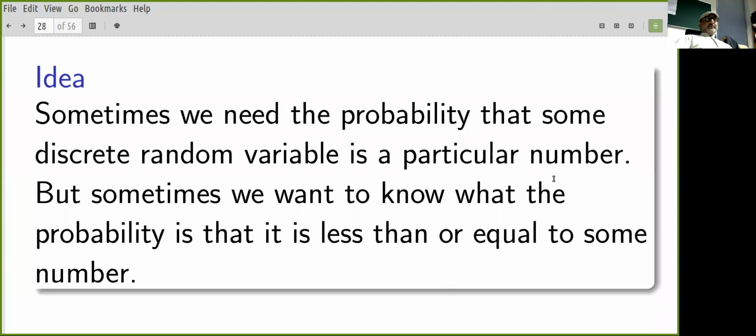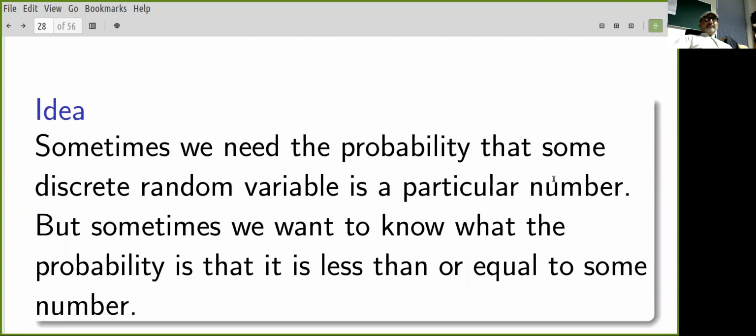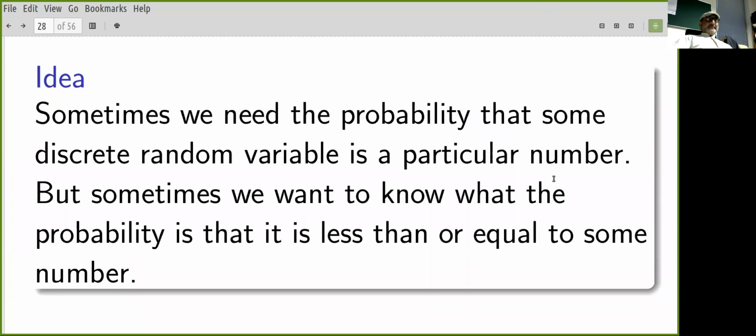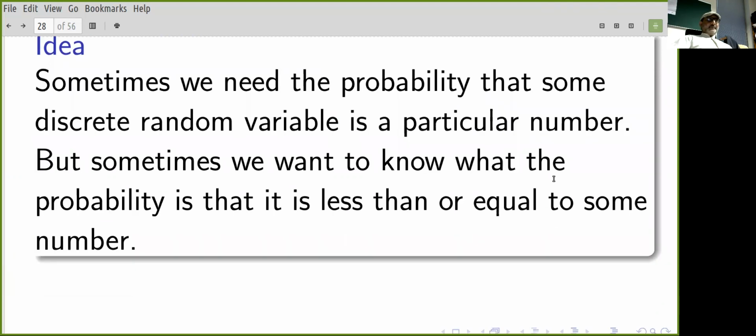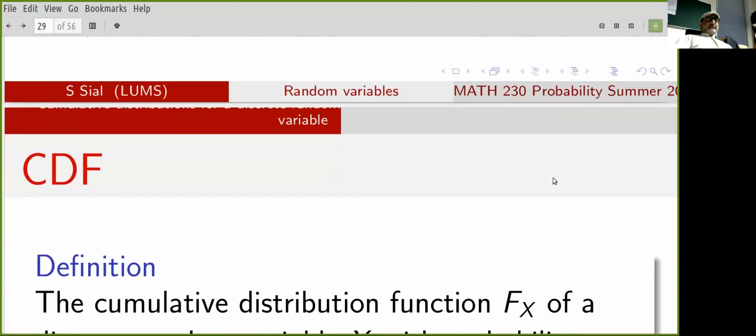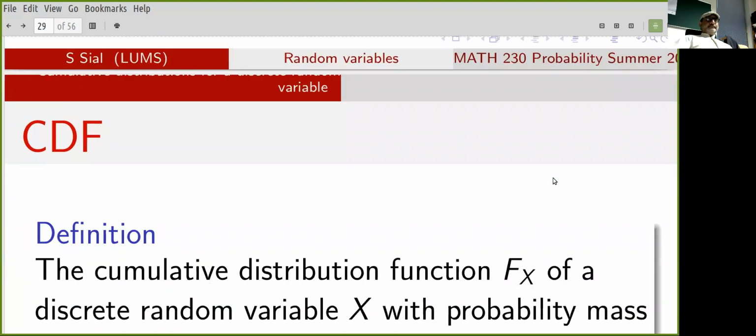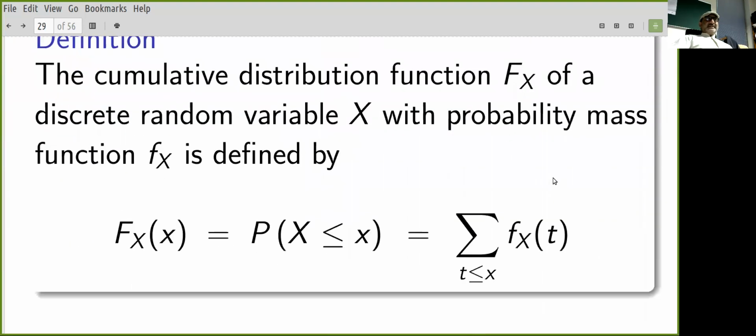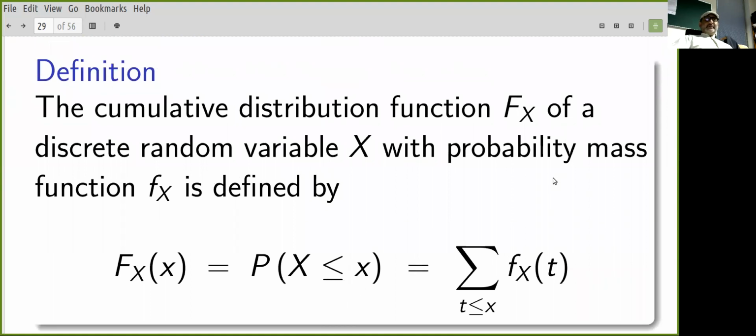Right, so you don't want to know the probability that the random variable is equal to a particular number. You want the probability that the discrete random variable has a value less than or equal to some number. Okay. I'm going to try to be consistent in my notation. Small f sub x will mean the PMF, the probability mass function.